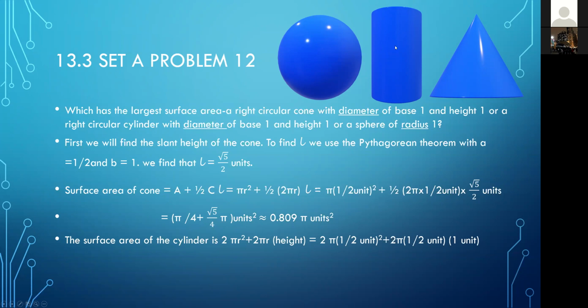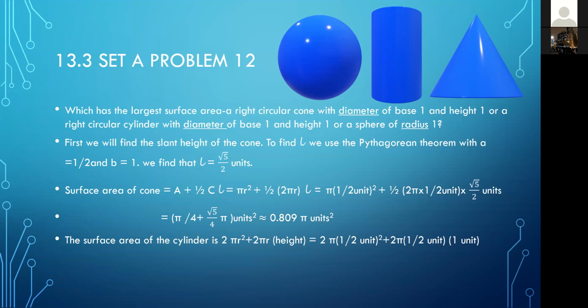Next, we're going to look at the cylinder. We're going to do 2 pi r squared. That's because we have the top and the bottom that are circles. They have an area of pi r squared. And then 2 pi r times the height. And that's the outside part of the cylinder. I like to think of that as the label off of like a soup can.